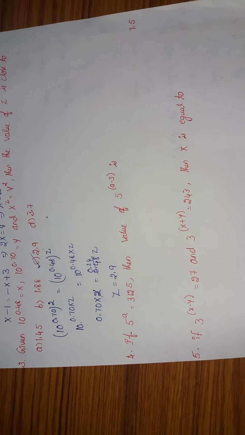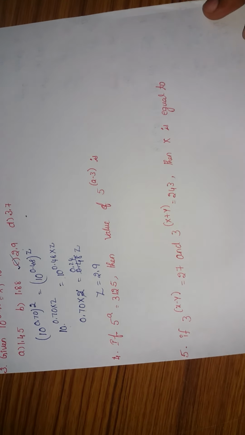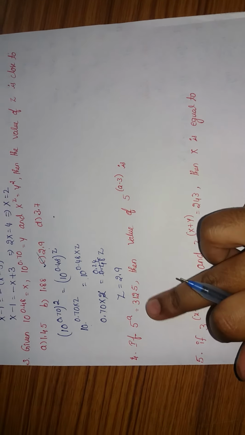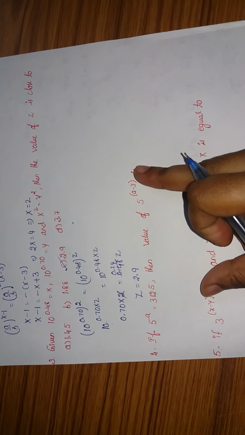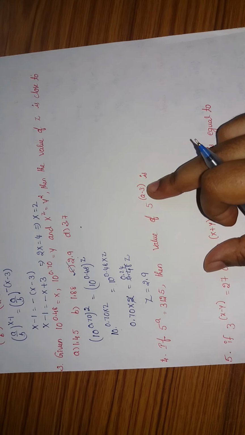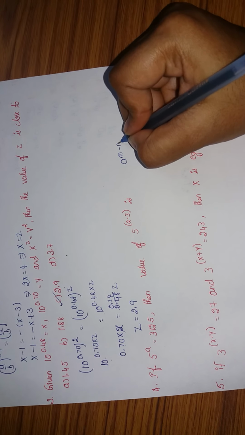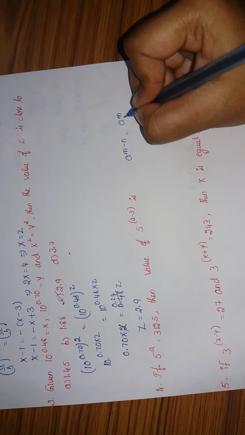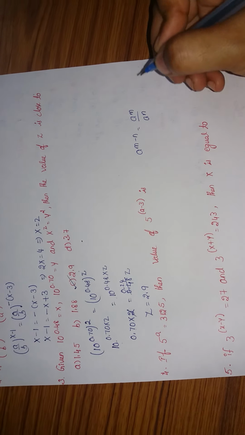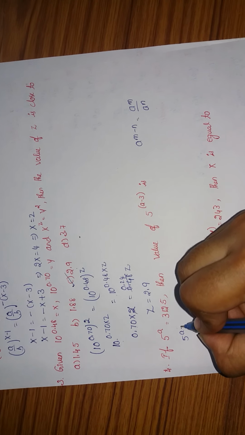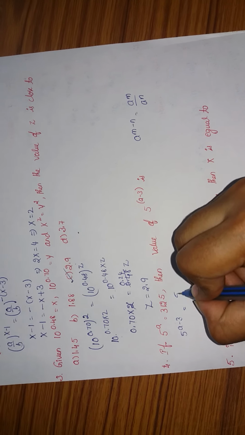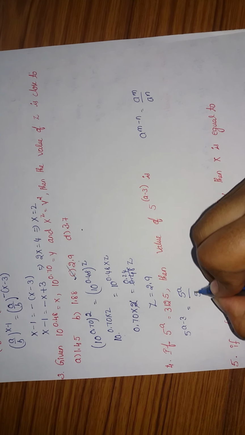That's it. Next question. If 5 power a is equal to 3125, then find the value of 5 power of a minus 3. We know the formula a power of m minus n is equal to a power m by a power n. So 5 power of a minus 3 is equal to 5 power a by 5 cube.